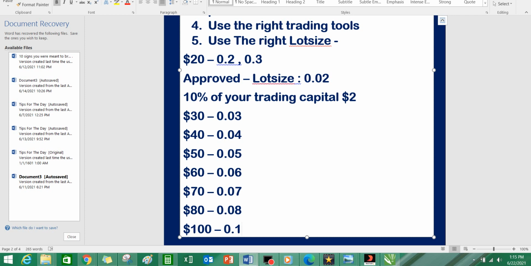You can see how far we have gone before we got to this level, and you can even decide to stay at 0.08, even right from $80, in order to reduce the risk and for you to make more profit with it. So this is amazing.